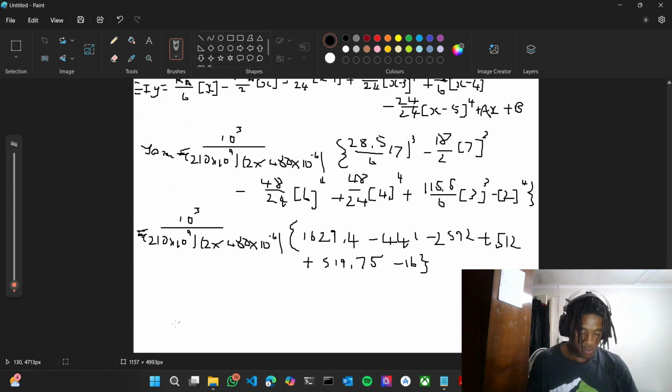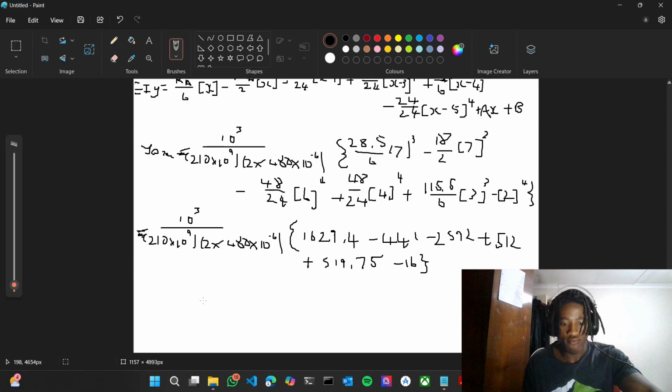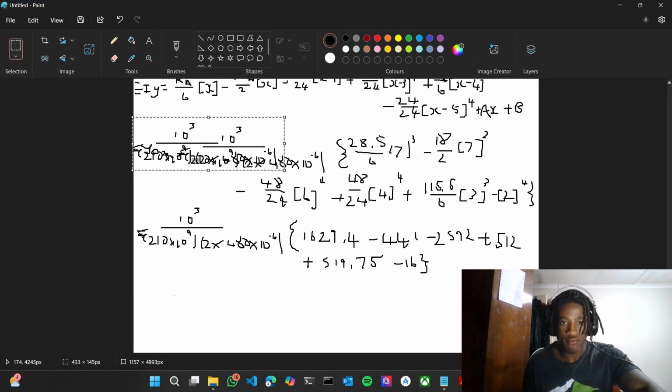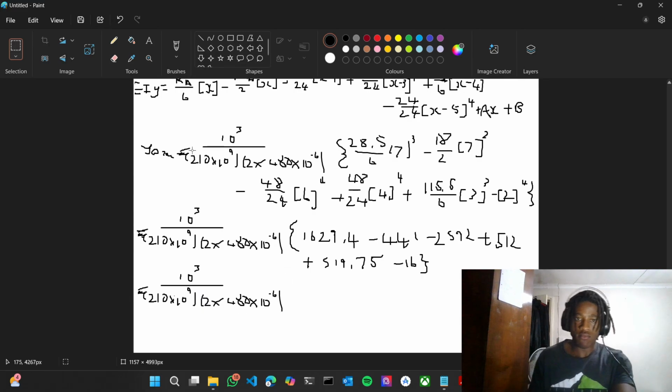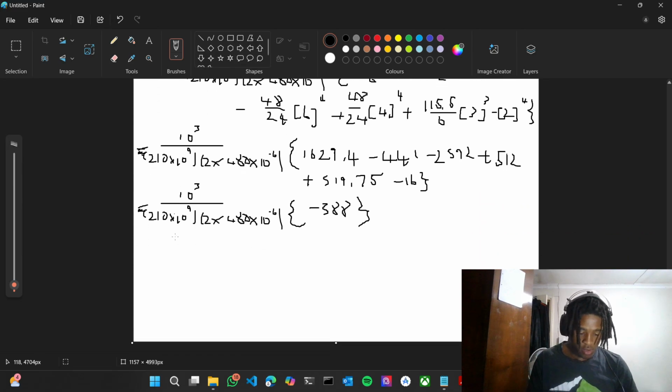Okay. Further simplifying that will give us 388, right? And that's going to yield minus 1924.6 times 10 to the minus 6 meters.